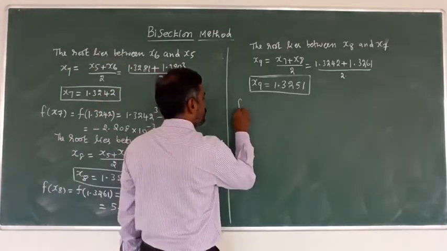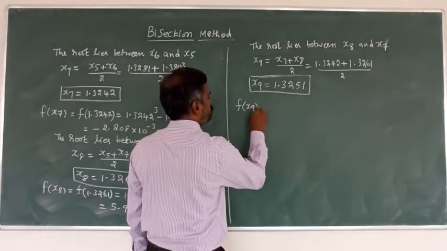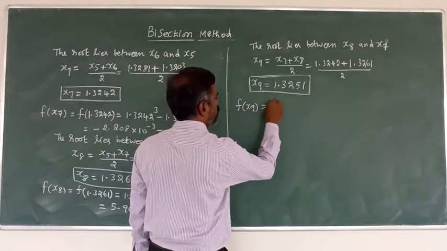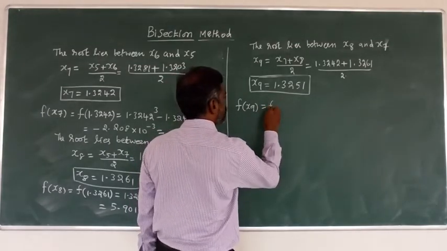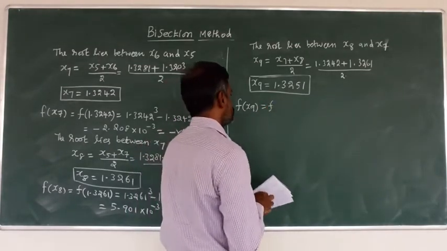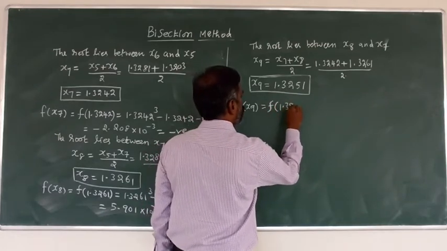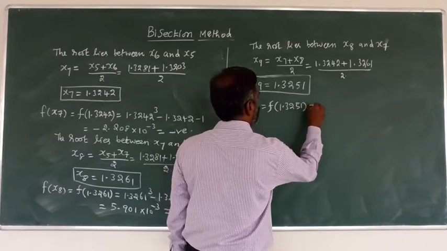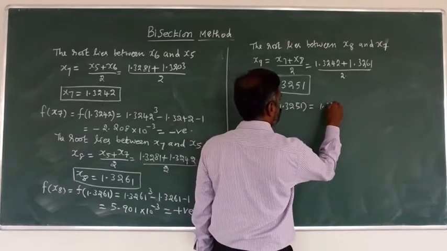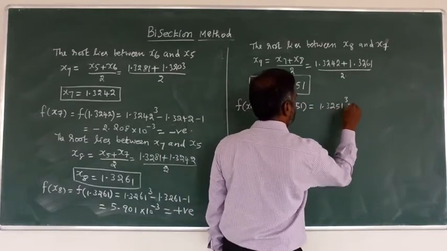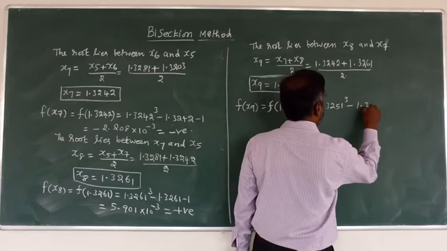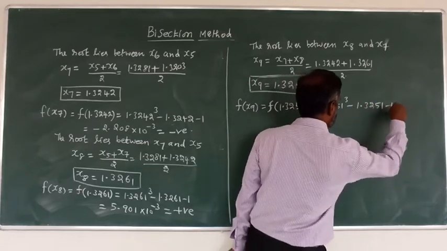So we take f of x9 to check whether it is positive or not. f of 1.3251: substitute 1.3251 cube minus 1.3251 minus 1.